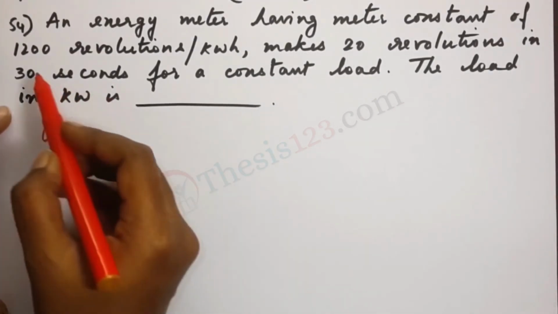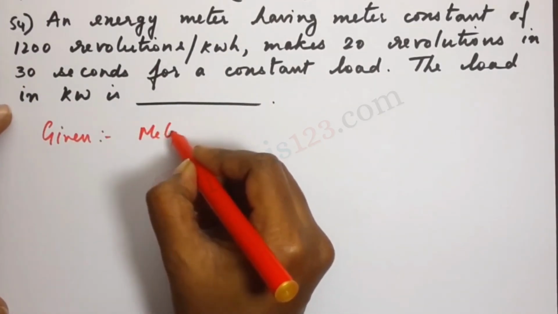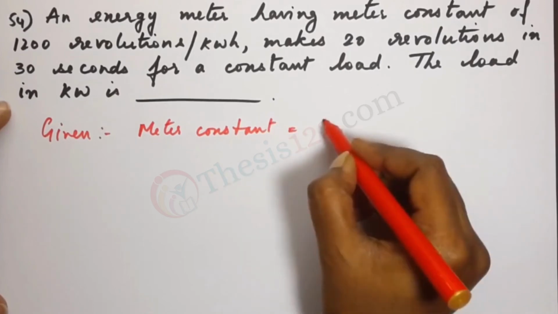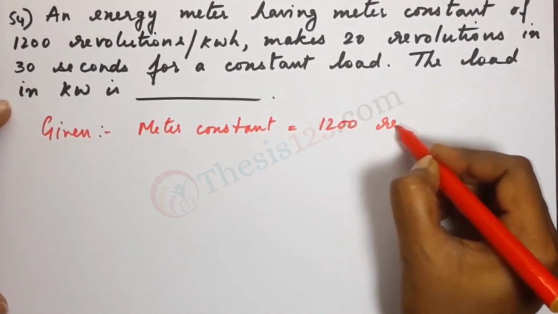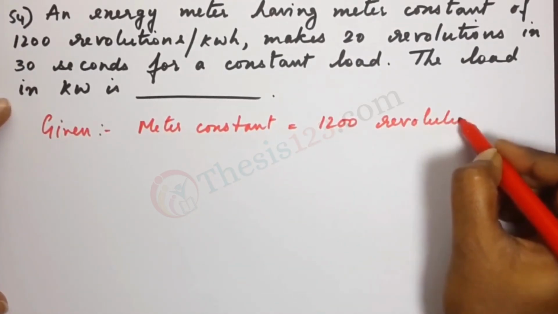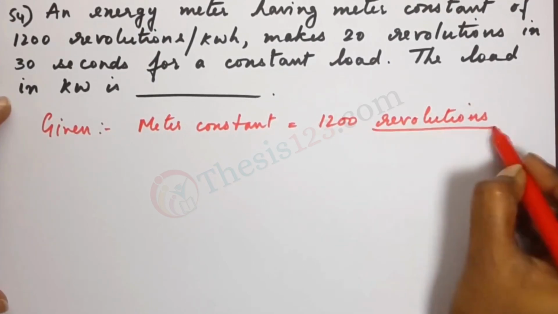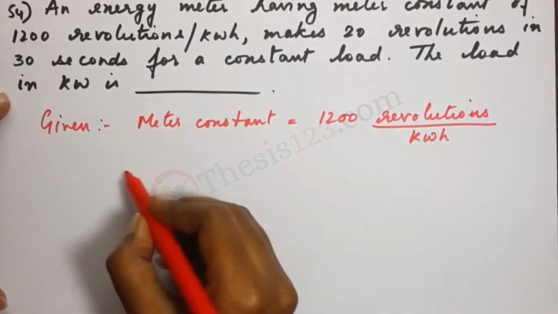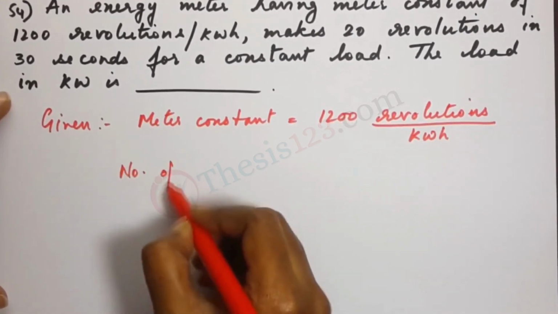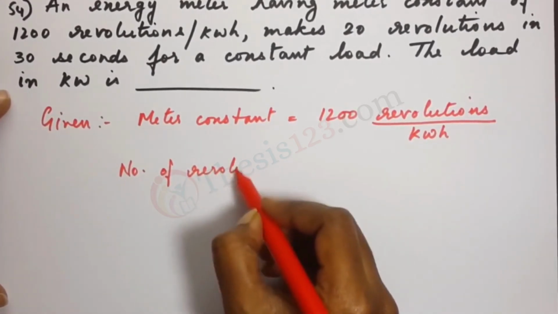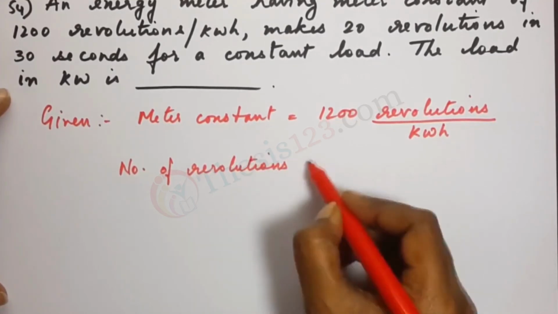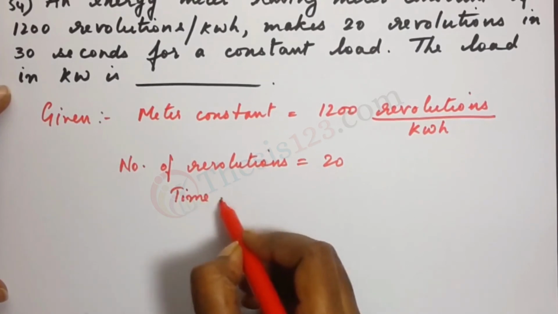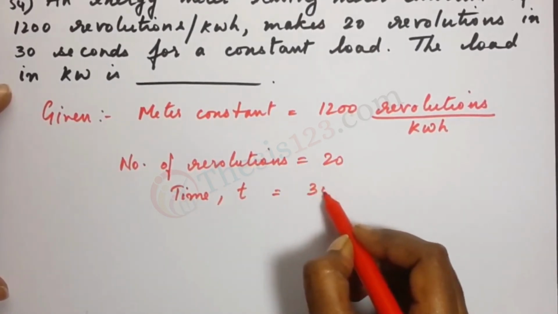We have been given the meter constant, 1200 revolutions per kilowatt hour. Then we have the number of revolutions given to us, 20, time 30 seconds.